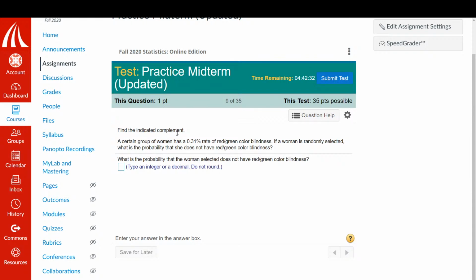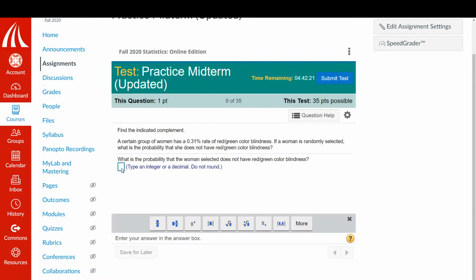Find the indicated complement. It says a certain group of women has a 0.31% rate of red-green color blindness. What would be the complement? Well, they give it as a percentage, so it would be 0.69%, which is really just 0.00.